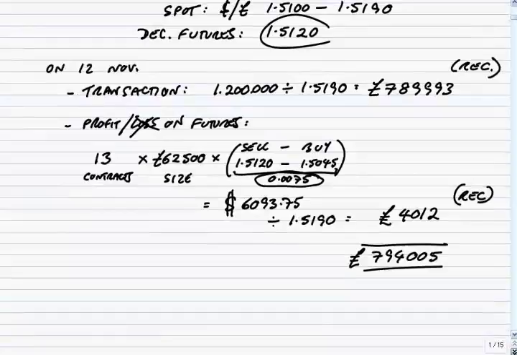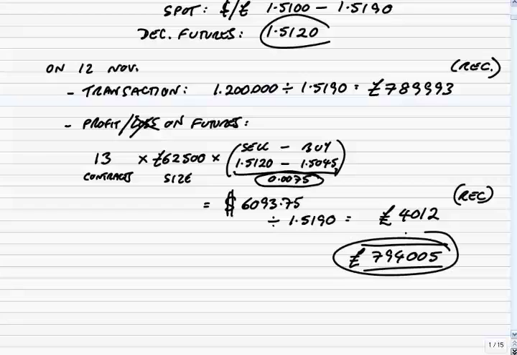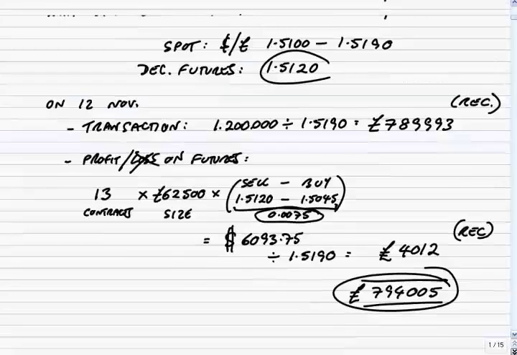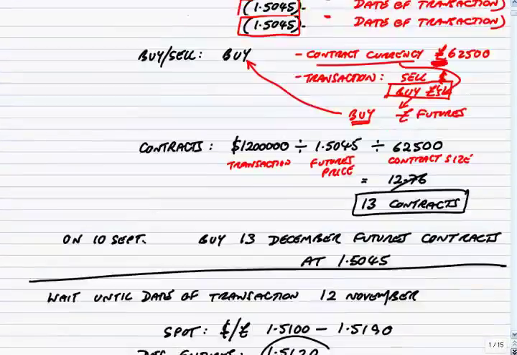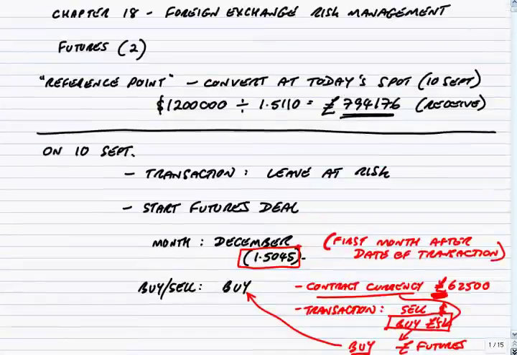However, to compensate for that loss, effectively, that we've made, we made a profit on futures of 4,012, and the end result, we ended up with 794,005. Now, it's not exactly the same as our reference point, but you can see what's happened.